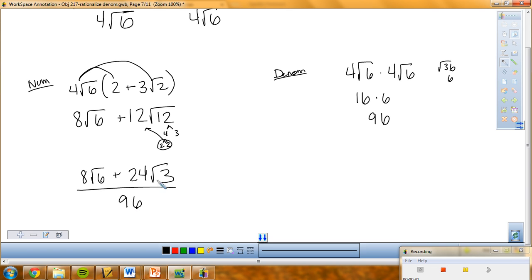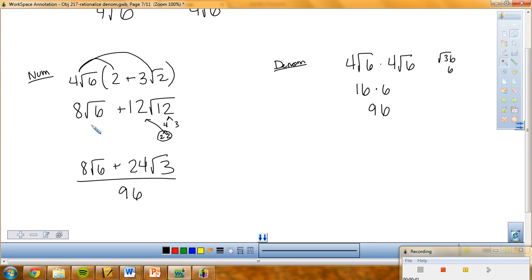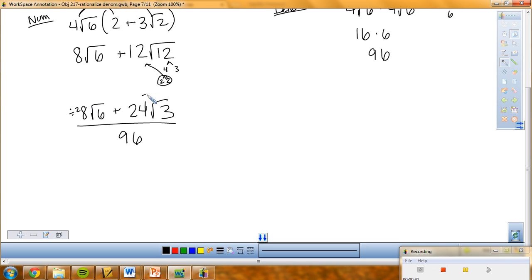Here's my numerator, all over 96. I can't simplify any more roots, I already did that, but I do need to check, can I simplify any of my coefficients? And yes, I can. And maybe you say, okay, well I know that I can take a 2, a 2, and a 2. Okay, well that gives me 4 radical 6 plus 12 radical 3, and 96 divided by 2 gives me 48.